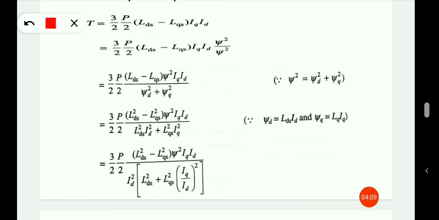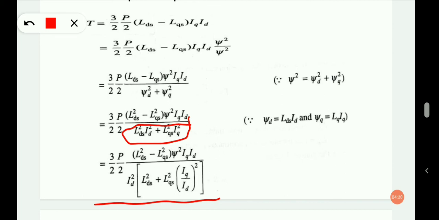Further, for the denominator term, ID square is taken as common. So in bracket, LDS square plus LQS square (IQ upon ID) bracket square.